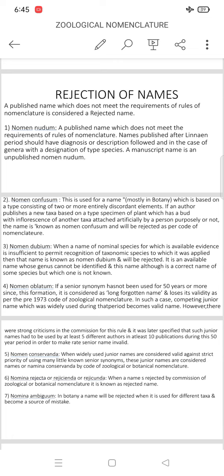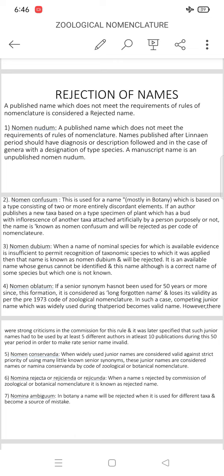That means when a name is rejected by the commission of zoological or botanical nomenclature, it is known as a rejected name. The seventh one is nomen ambiguum. That means in botany, a name will be rejected when it is used for different taxa and becomes a source of mistake. These are all the rejections of names.